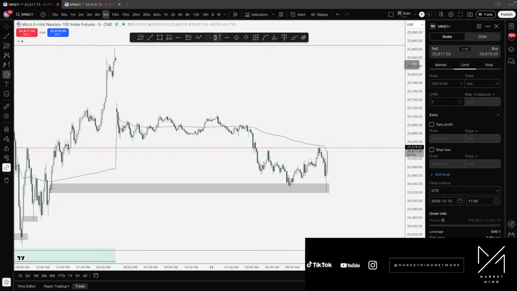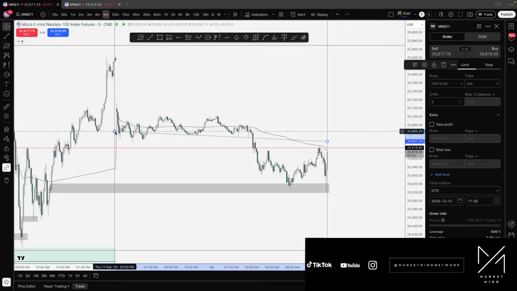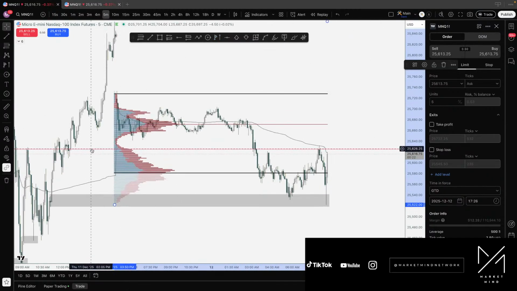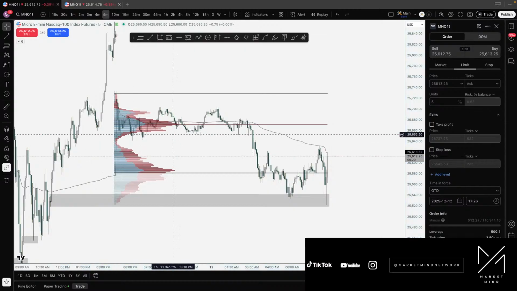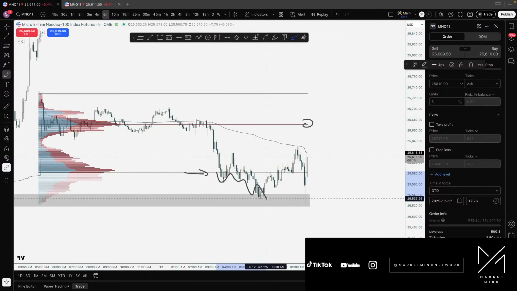So if this is your volume profile for this range, let me take this out. You see how price is attracted to this. It moved outside of this range, tapped into demand, came back into the range, broke structure back in.